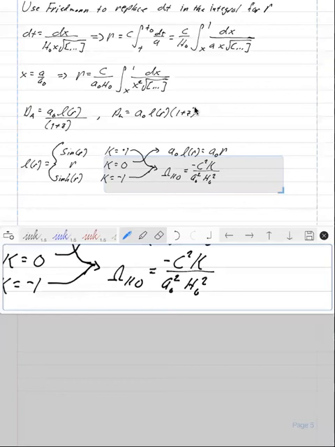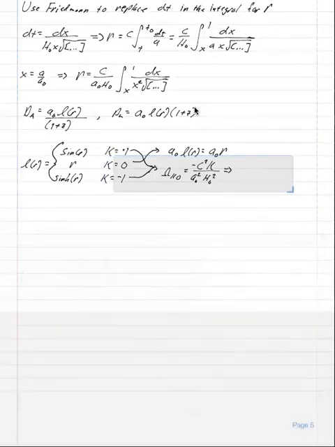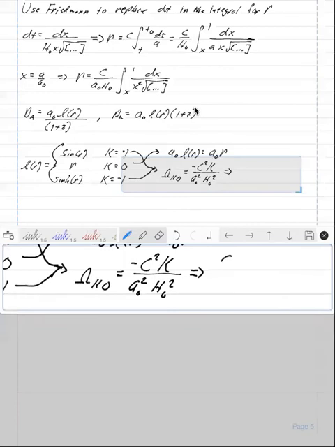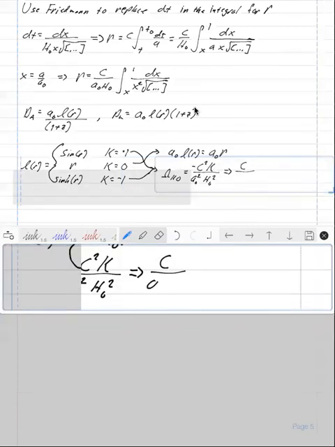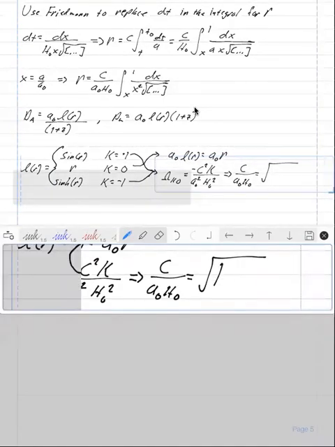So in either of these cases where k is -1 or +1, we find that c over a naught H naught is equal to the square root of the absolute value of omega k0.